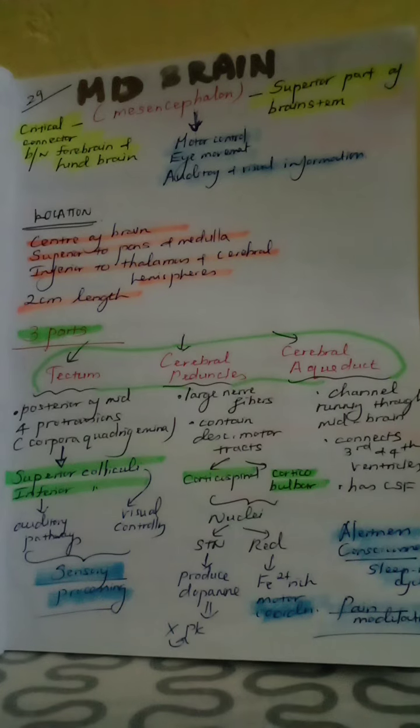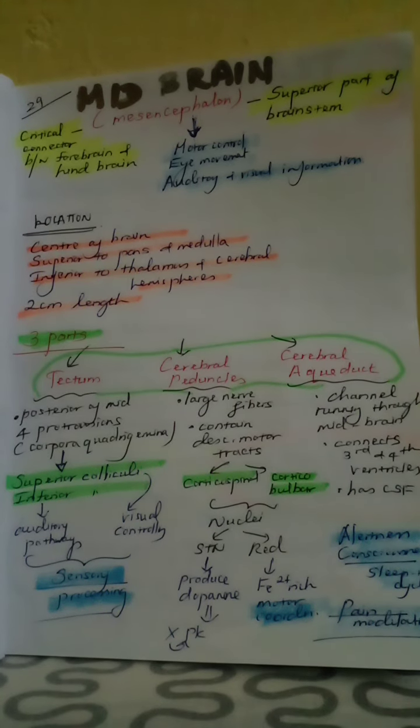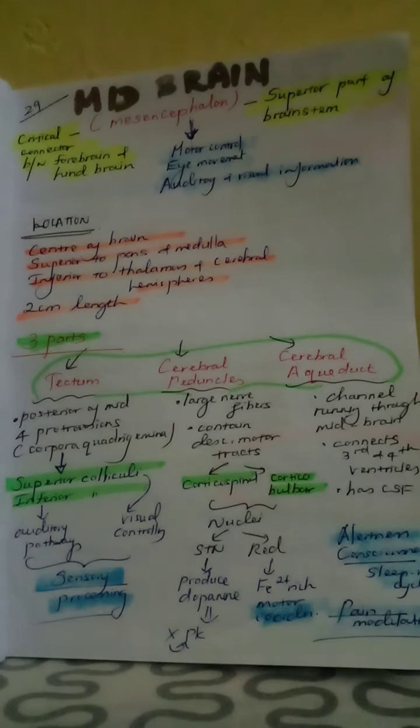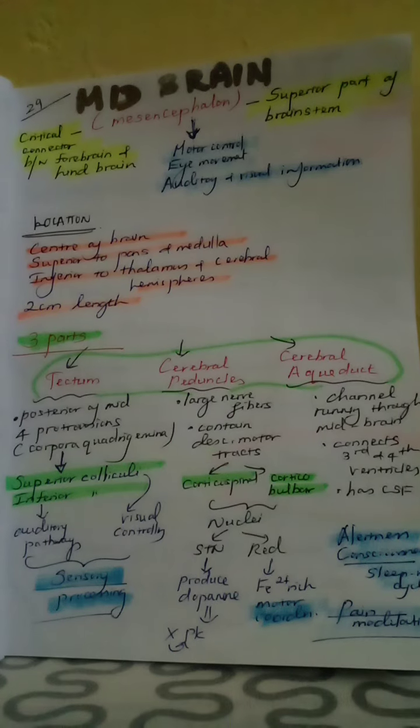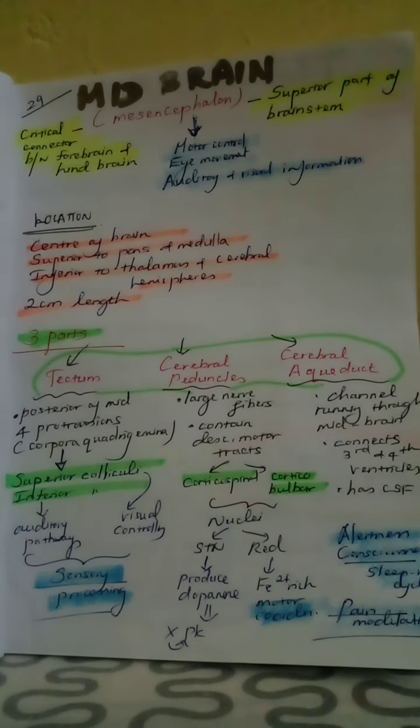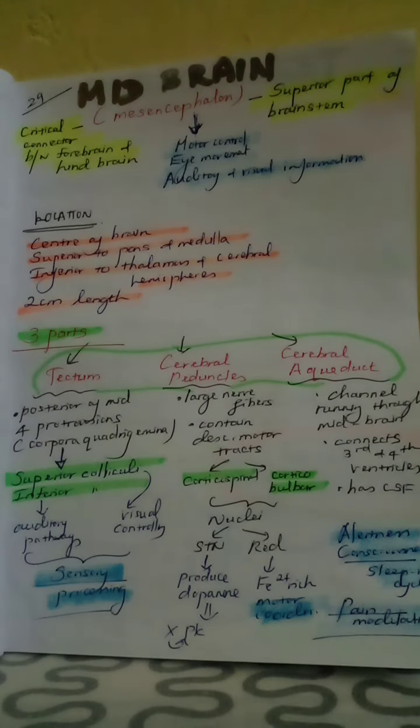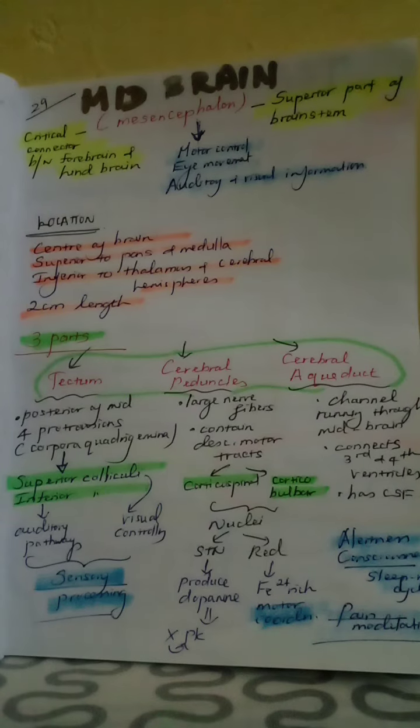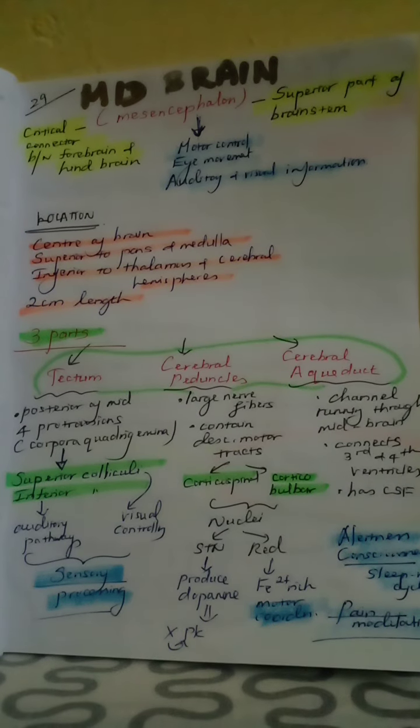And this includes the superior colliculi and the inferior colliculi. The superior colliculi is responsible for the visual controlling, and the inferior is responsible for the auditory pathway. So it's a sensory processing unit of the midbrain.